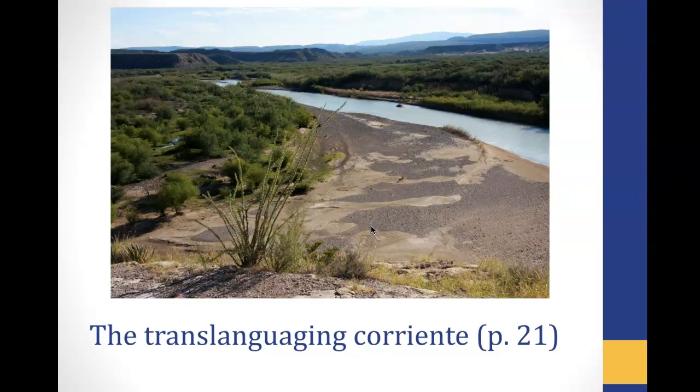Those multilingual capacities are always going to be there, whether they're above the surface or flowing under the surface. As teachers, we can pay attention to that and tap into that. They talk about the corriente interacting with the student and the teacher to influence our lesson design, our teaching choices, and also what the students are doing.